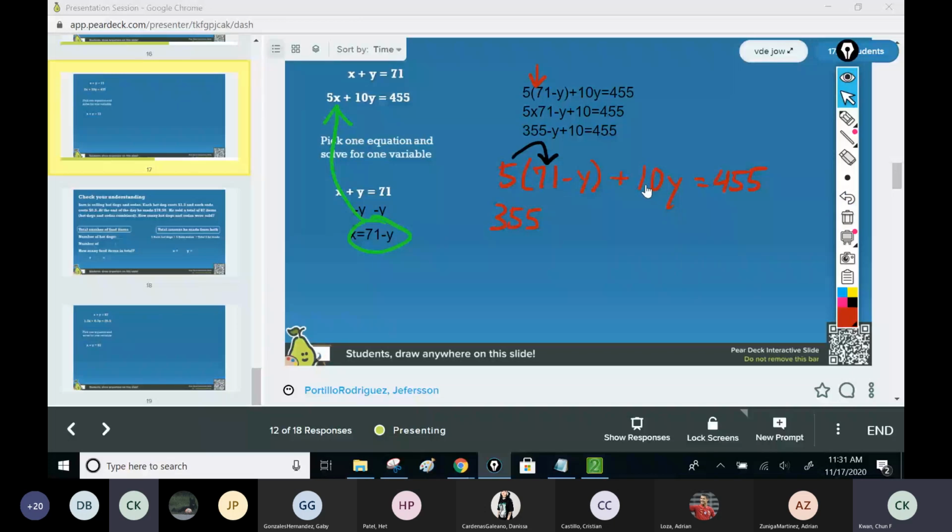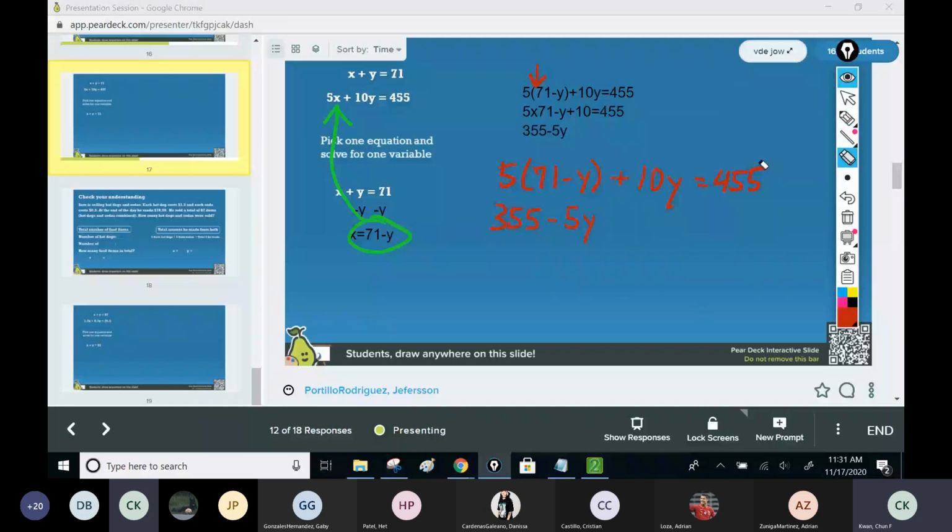Hey, Jefferson, you've got to also distribute the 5 to the y, to the minus y right here. So 5 times 71, that's going to get you 355. And then 5 times minus y, that is going to get you minus 5y.